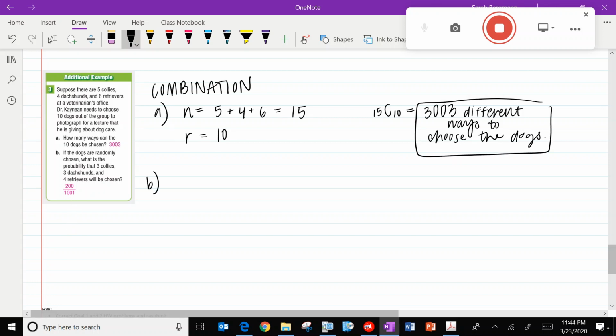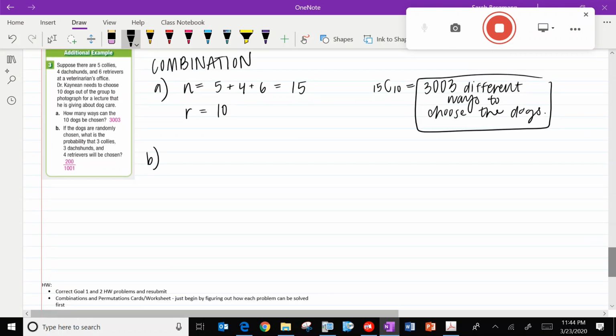Okay, part B says if the dogs are chosen randomly, what's the probability that 3 are collies, 3 are Dachshunds, and 4 are retrievers? So for this, I'm going to make 3 different events.